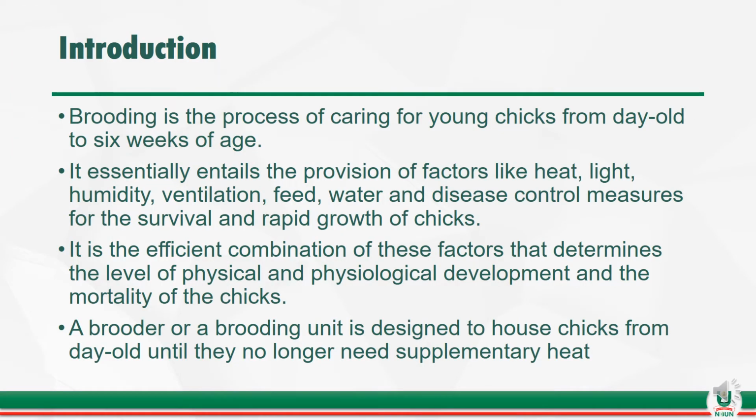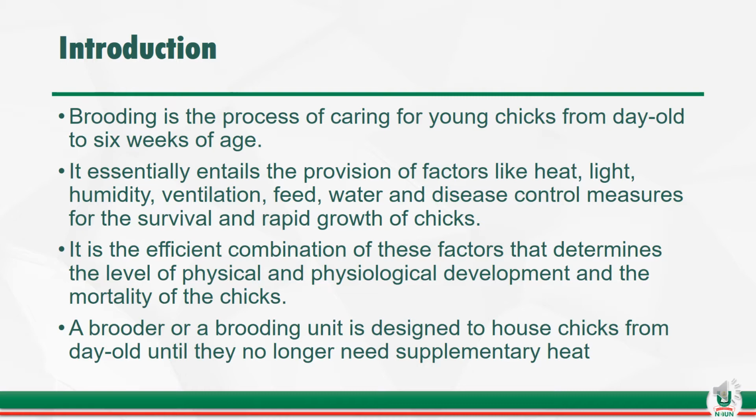Introduction. Brooding is the process of caring for young chicks from day old to 6 weeks of age. This essentially entails the provision of factors such as heat, light, humidity, ventilation, feed, water, and of course disease control measures so that your chicks can survive and grow rapidly.